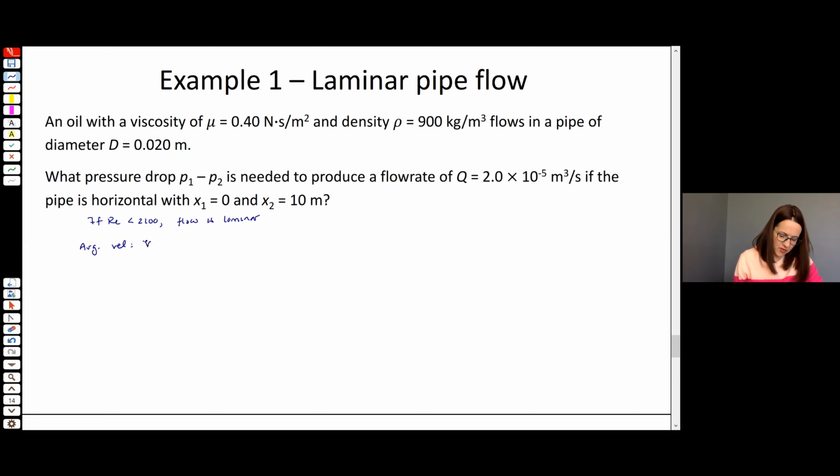So the average velocity, of course, is equal to Q over A. And we have all of these quantities. So Q is 2.0 times 10 to the minus fifth meters cubed per second. And since it's a pipe, since we know the diameter, we know the cross-sectional area.